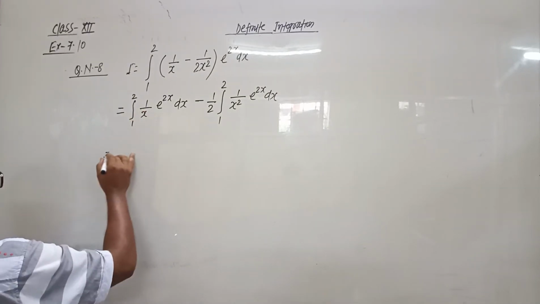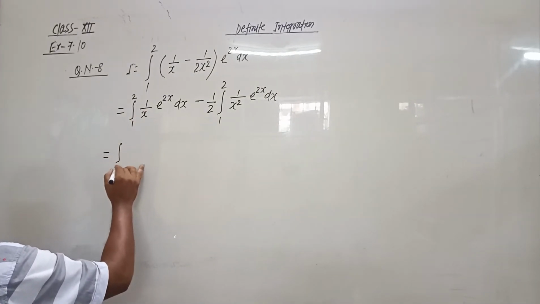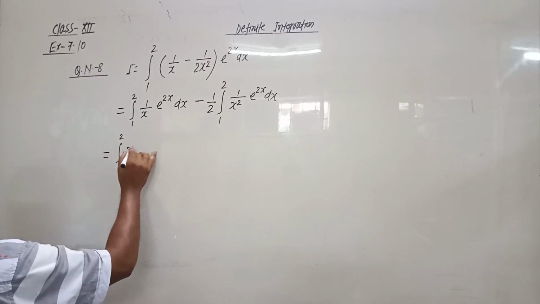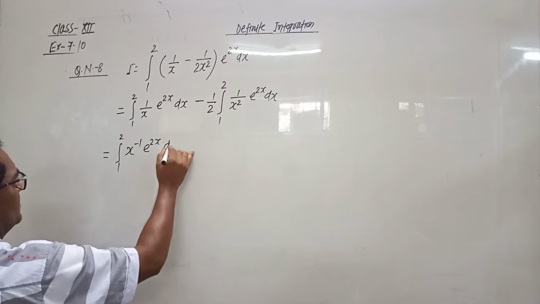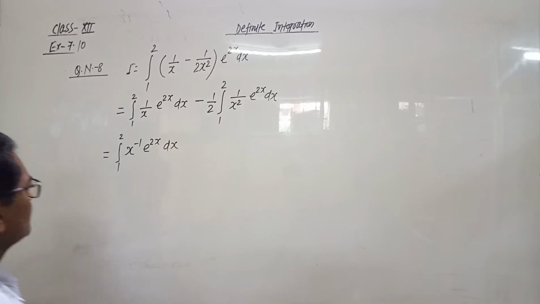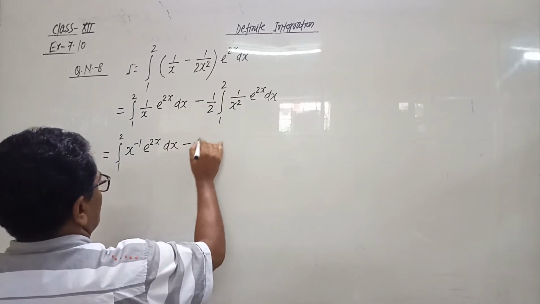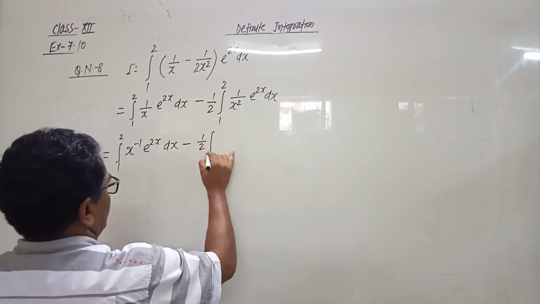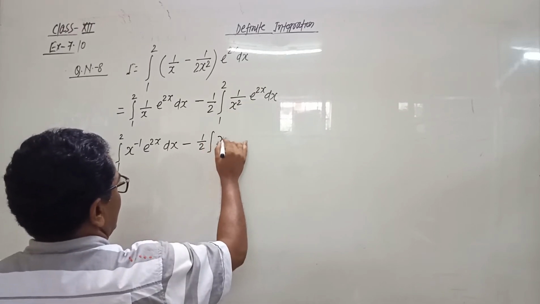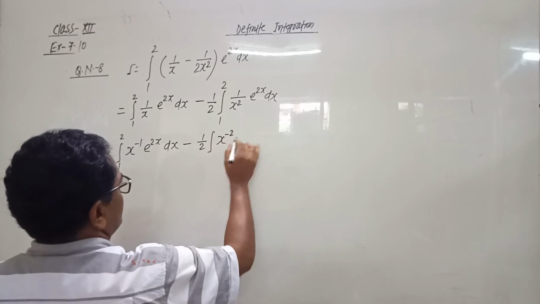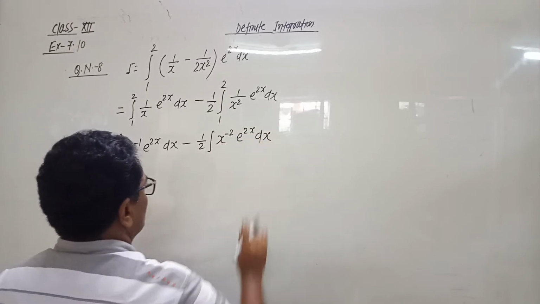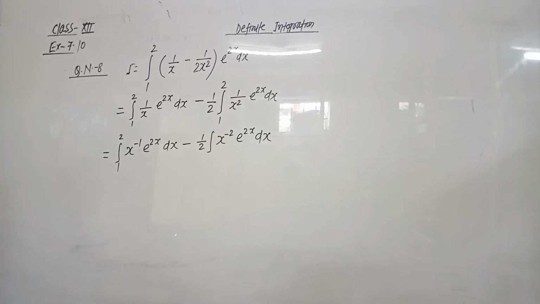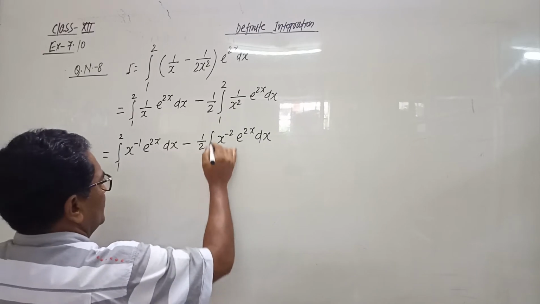So 1 by x is written as x raised to the power minus 1 and e raised to the power 2x dx, minus 1 by 2 integration, 1 by x square is written as x raised to the power minus 2 and e raised to the power 2x and dx, with limit from 1 to 2.